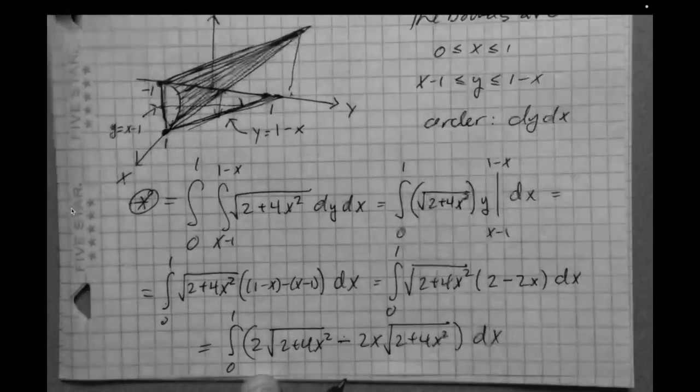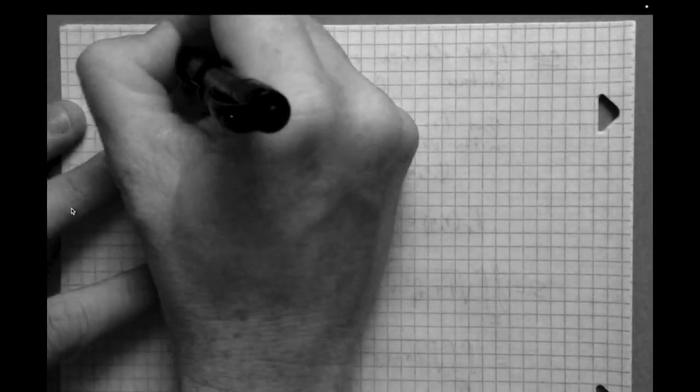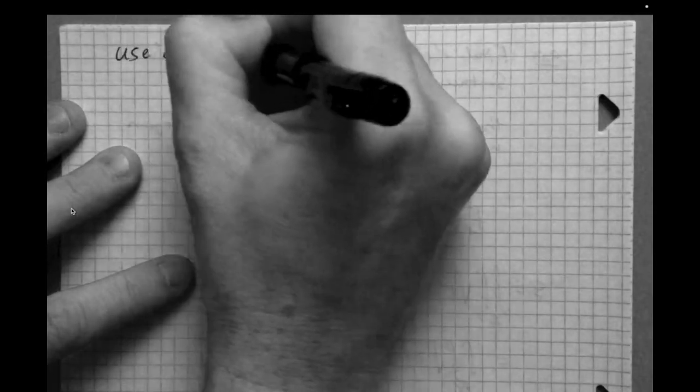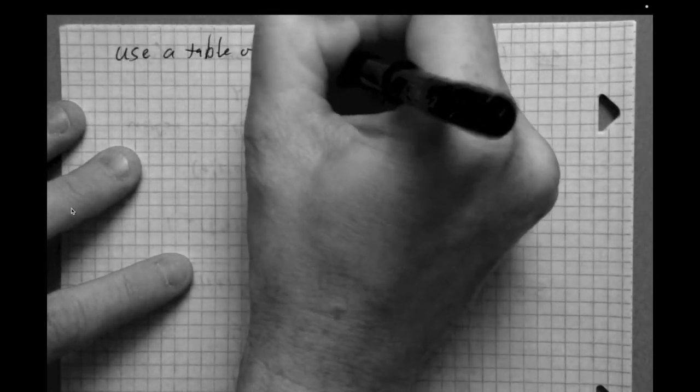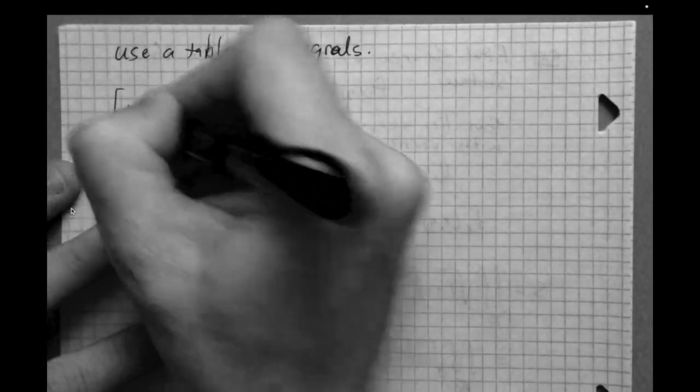And so what you can do, and this isn't something that we've probably had a lot of experience with, but it is something we talked about in Calc 2, is use a table of integrals to find this form. So using a table of integrals, you can identify the following form.